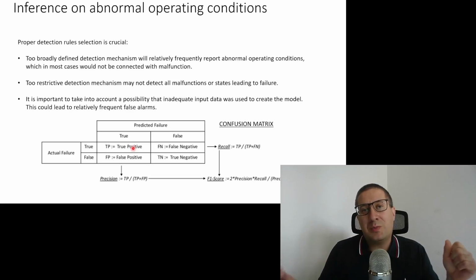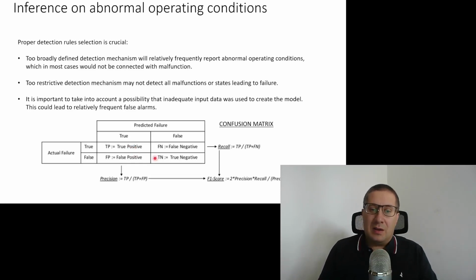We could predict the real failure. For most of the time, there are no failures, and if our algorithm also reports there is no risk of a failure, then it's also a win situation. We call such cases true negatives.